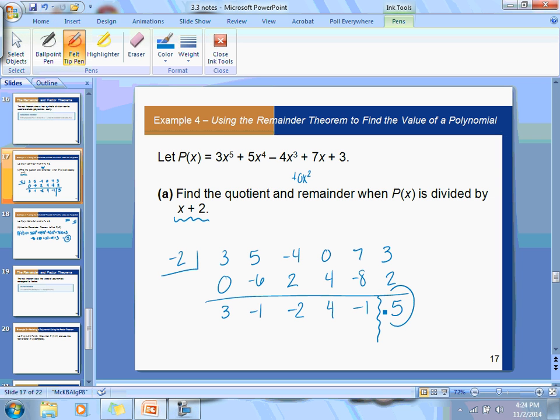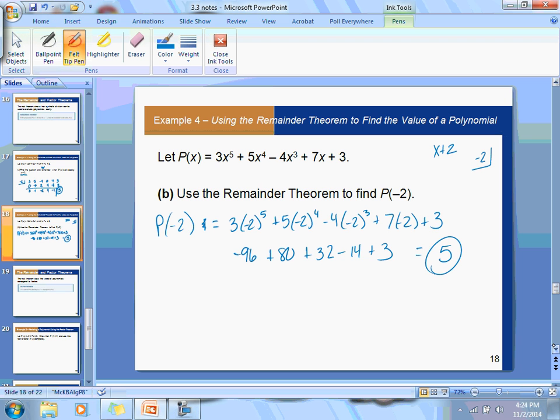And the remainder that you get is the exact same as the value you get when you substitute. Okay? So synthetic division not only divides polynomials, but it can evaluate them for you as well.